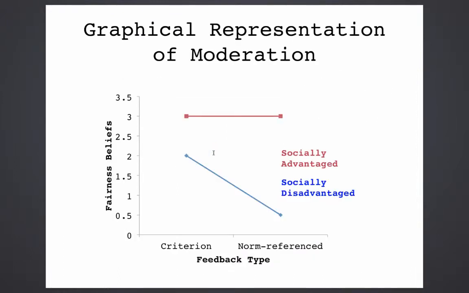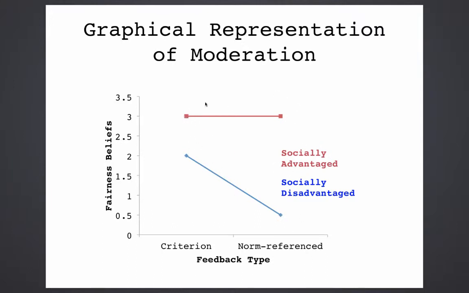So what does this look like when you see it in results of a study? Essentially what we have here is all of the three variables are represented in this figure. On the y-axis, we have fairness beliefs. So each of these dots represent the average fairness beliefs of people in the different groups.